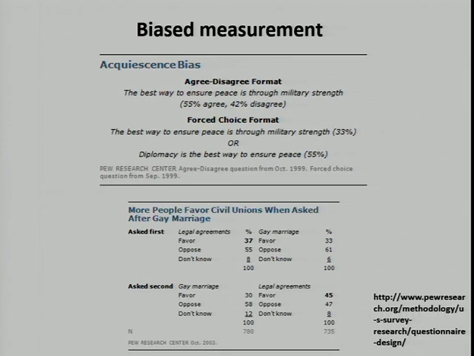If you ask first just about civil unions, legal agreements, you get approval of 37%. If you ask first about gay marriage and then ask about civil unions, legal agreements, that goes up to 45%. So it's by comparison that people are making their decision and not just based on the question itself.